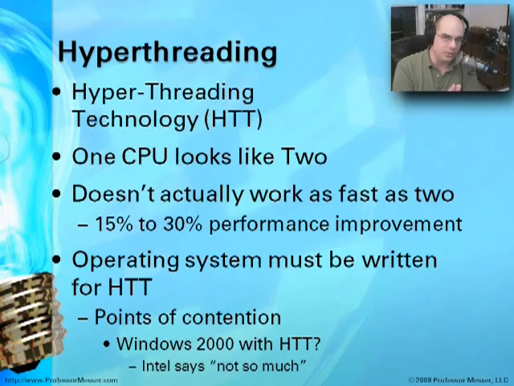For instance, Windows 2000 looks like it could support hyperthreading technology, but Intel has written that they don't really support hyperthreading technology and Windows 2000 working together. They haven't done a lot of testing with it, so they can't support Windows 2000. If you want to take advantage of this, make sure you're looking at your operating system and you can see that it's able to take advantage of hyperthreading.